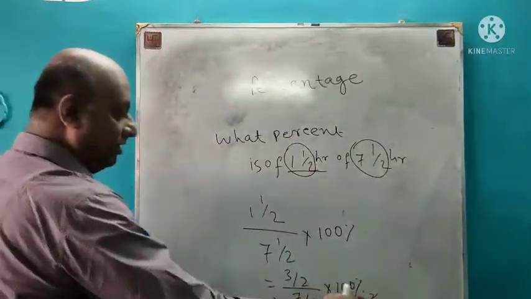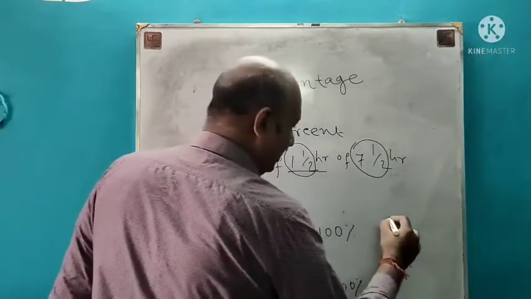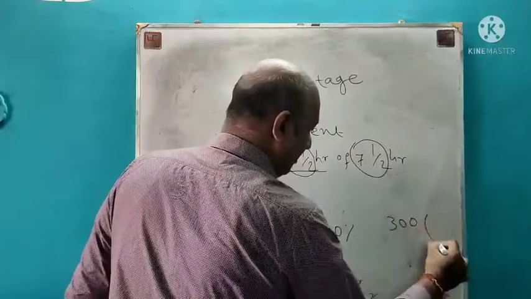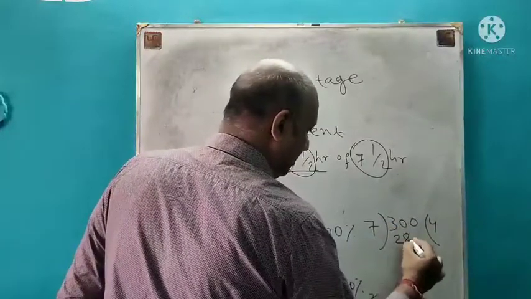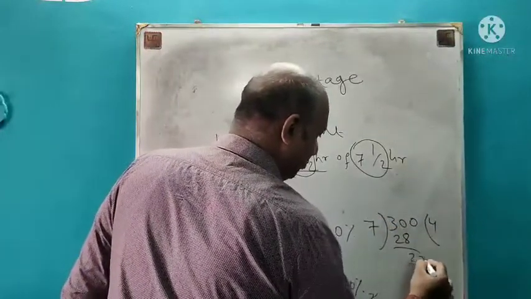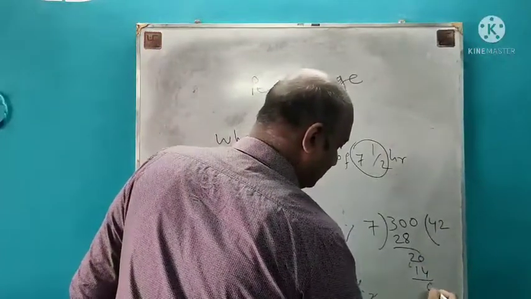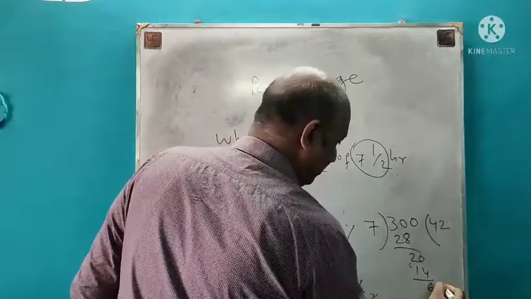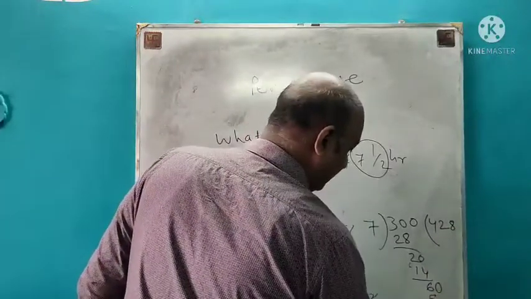Now if we convert this fraction into a decimal number, let's divide it. 300 by 7. 7 4s are 28. It gives 2. Then 20. 7 2s are 14. It gives me 6. We take a decimal point. It becomes 60. 7 8s are 56.